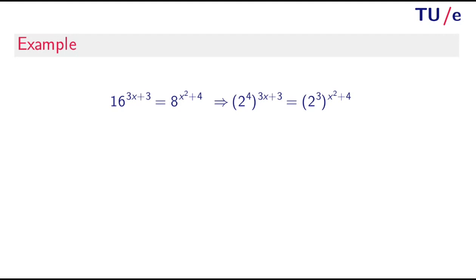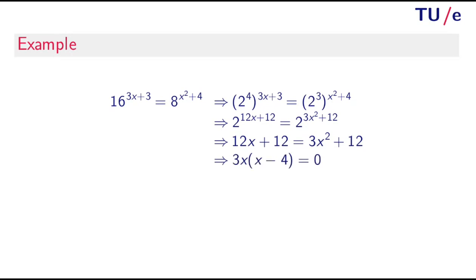And we deduce from this that 2 to the power 12x plus 12 is equal to 2 to the power 3x squared plus 12. So both exponents have to be the same, which means that 12x plus 12 is equal to 3x squared plus 12. And we find that 3x times x minus 4 is equal to 0, so x is 0 or x is 4.